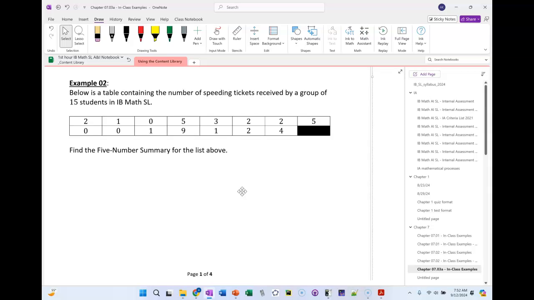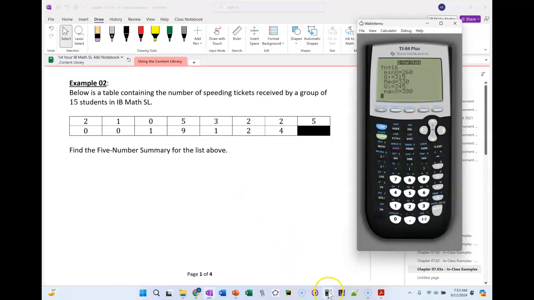So min is Q0. Q1 is Q1. Median is Q2. Q3 is given, and Q4 is max.